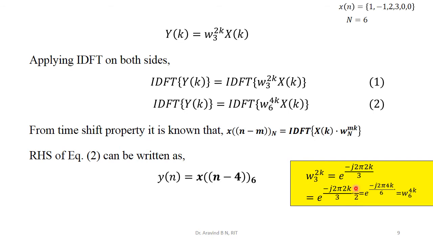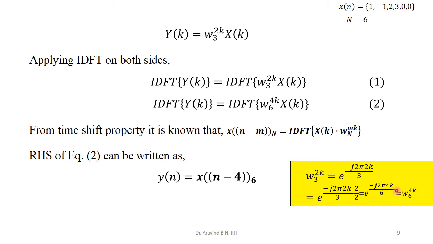Now we make the multiplication over here, so we get e to the power of minus j 2 pi 4k divided by 6, right? 3 into 2 is 6, and 2 into 2 we have the 4. Now this exponential converted to the twiddle factor representation gives omega 6 4k.